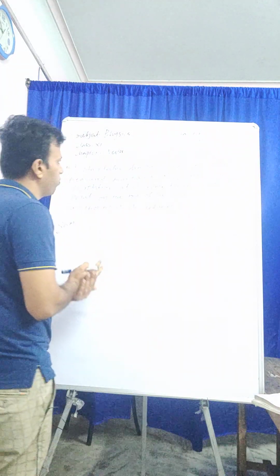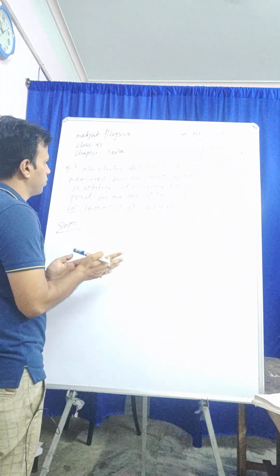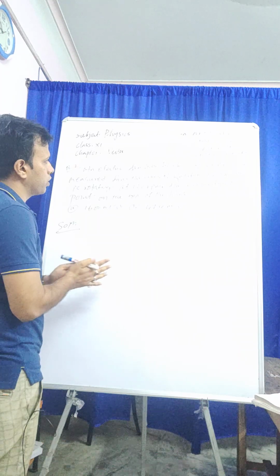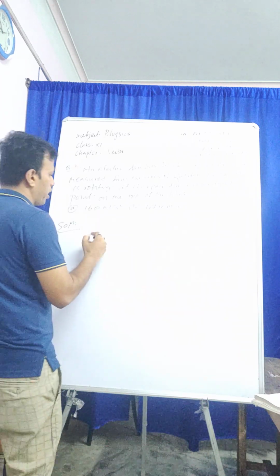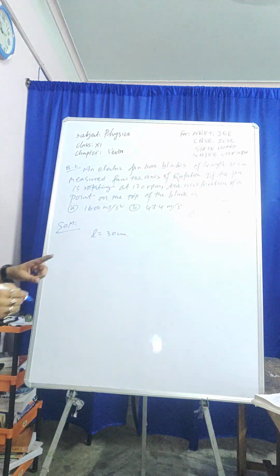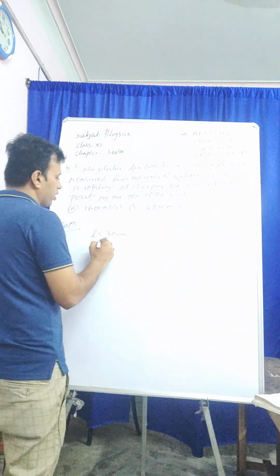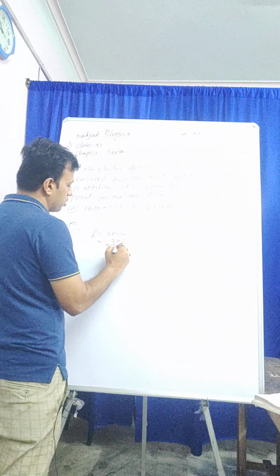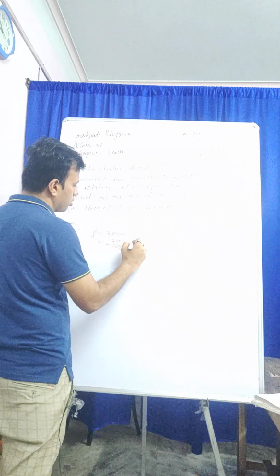An electric fan has blade of length 30 cm measured from the axis of rotation. So L equals 30 cm. If we convert this to meters, that will be 0.3 meter.